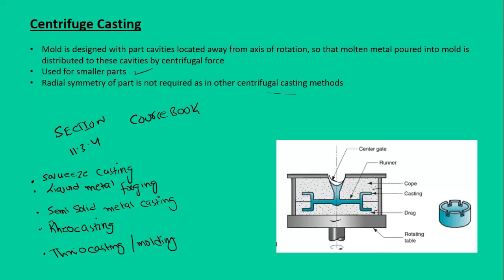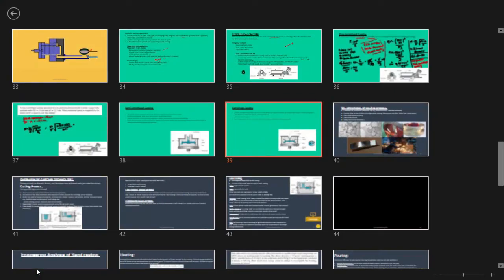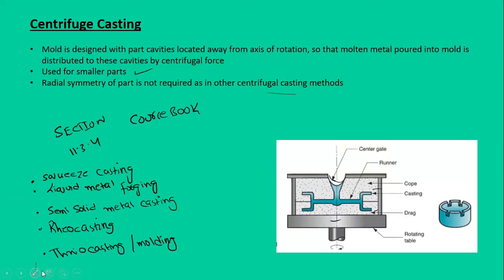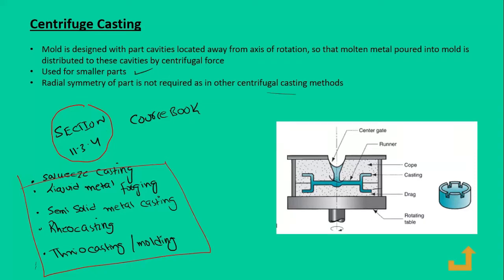So you should be aware of all these terminologies. Go to this section of your textbook and read all these types. Okay, so this is practically the end of the types of casting we will discuss in this subject.